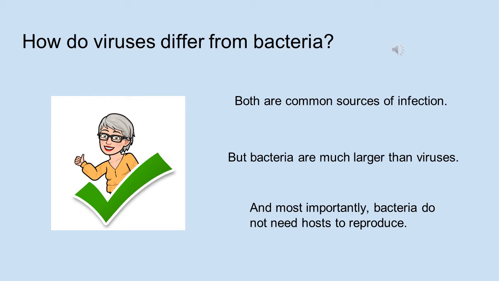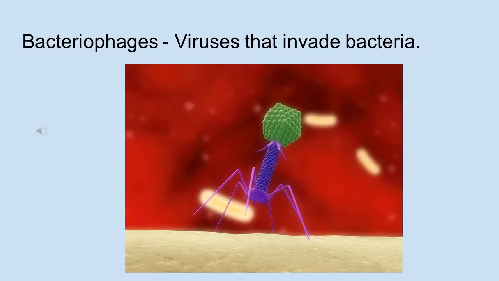Individual viruses have evolved to be pretty limited to specific hosts. That said, there are a wide variety of viruses. They invade plants and animals. Even bacteria are not safe from invasion by viruses.